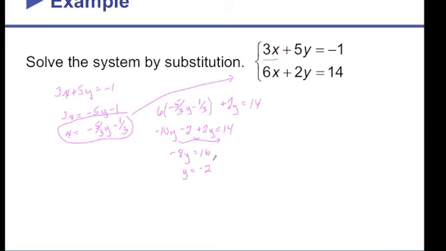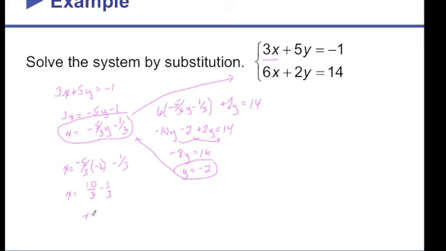equals -2. I substitute that back into this equation. X equals -5/3 times -2 minus 1/3. So this will be 10/3 minus 1/3.